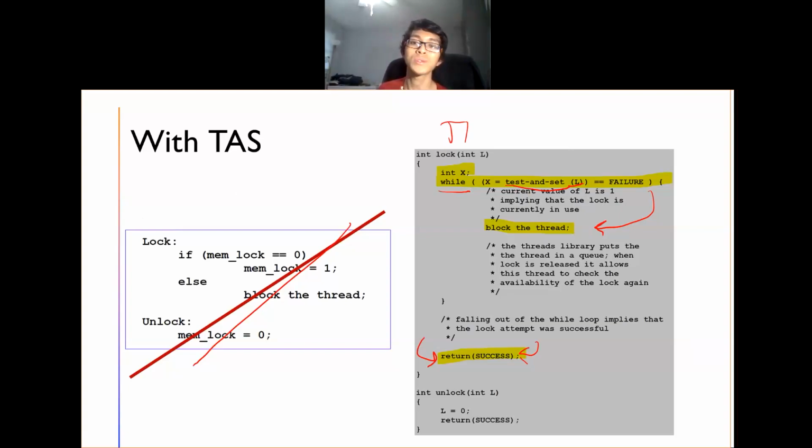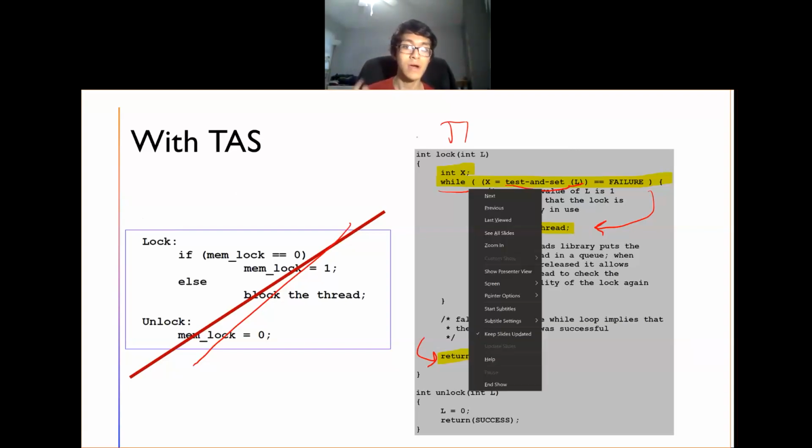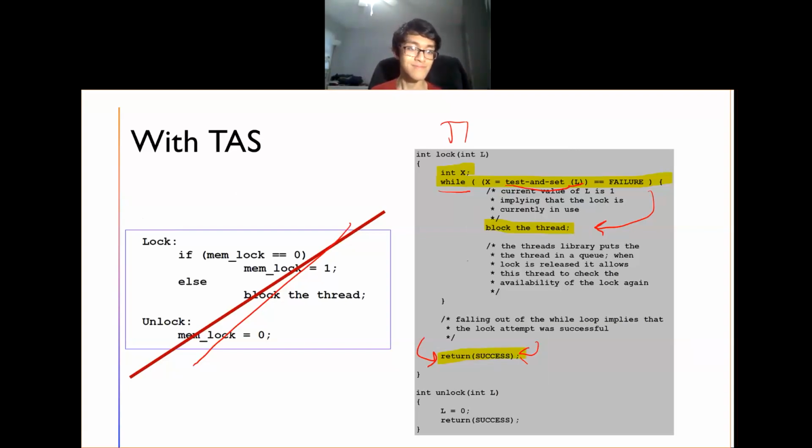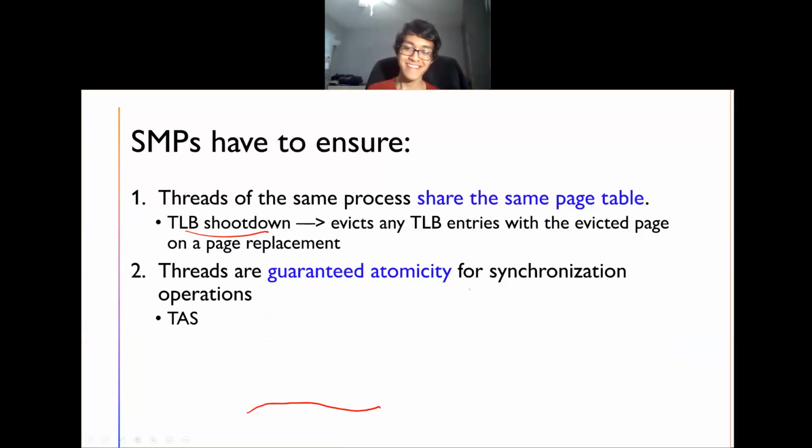In the wait, you just stop doing everything. But in the test and set instruction, you keep on checking whether that lock is available, and the instant it is available, you go out of the while loop. Does that help, anonymous student? Okay.